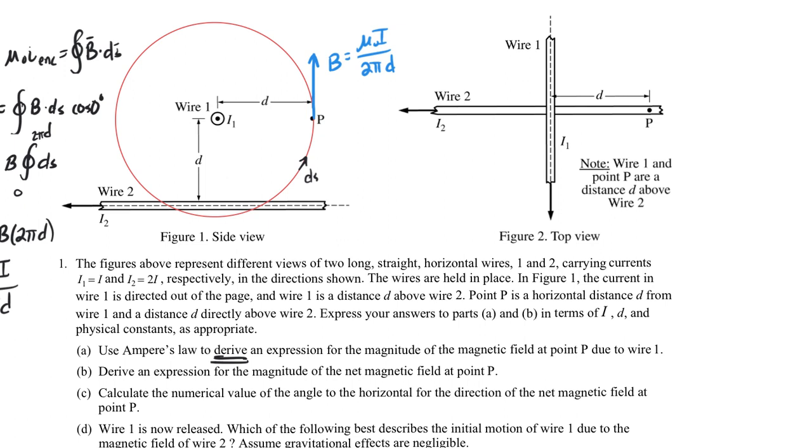Looking at wire 2 and the direction of the current, and I'm going to look at the other picture now, I think that we have a magnetic field that way. That's got to be 2 mu naught I over 2 pi d, right? Because the current is twice as big. Does that make sense? All right.